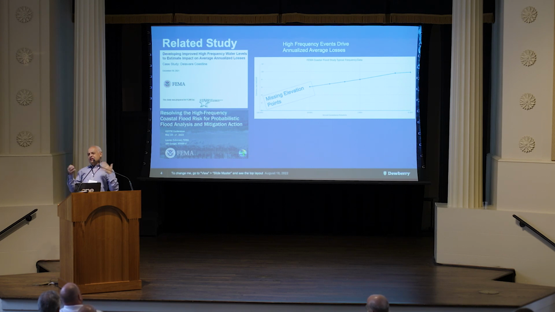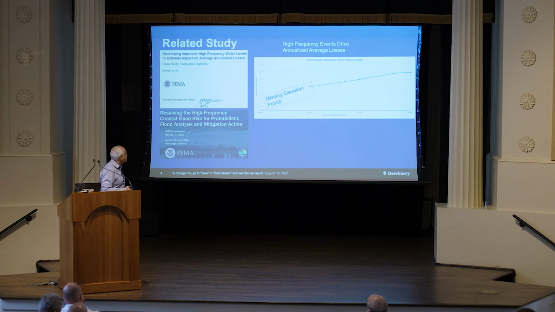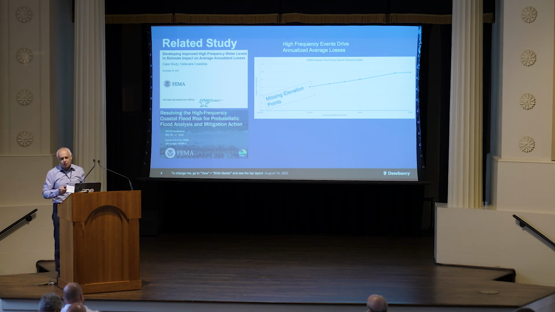So you can immediately see that it's not just the low-frequency flood that needs to be well-defined, understood, and accounted for, but also the high-frequency flood plays a role. On the right, I'm showing a graph where the x-axis is annual exceedance probability, and the y-axis is the water surface elevation in the coastal area.